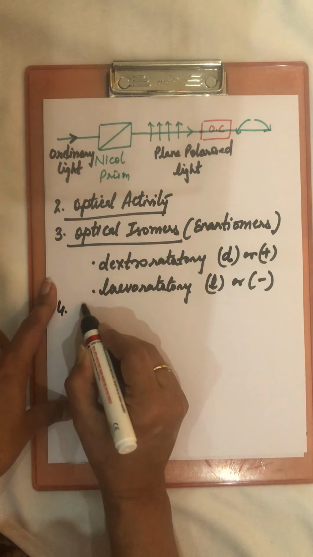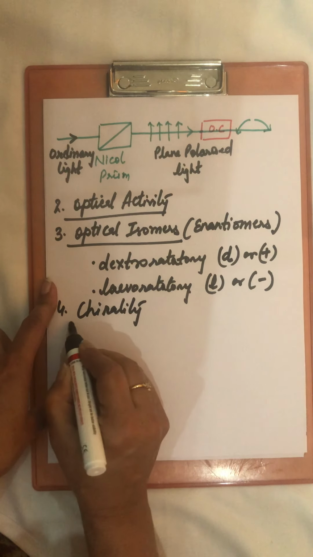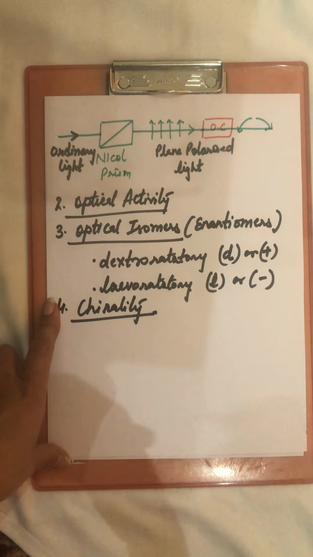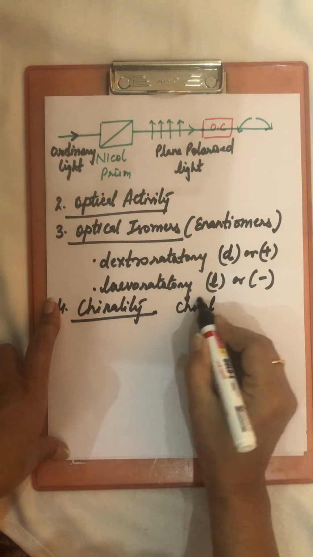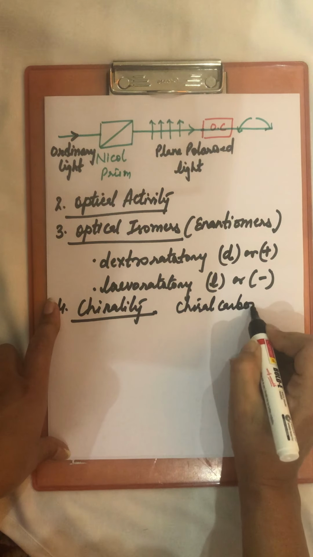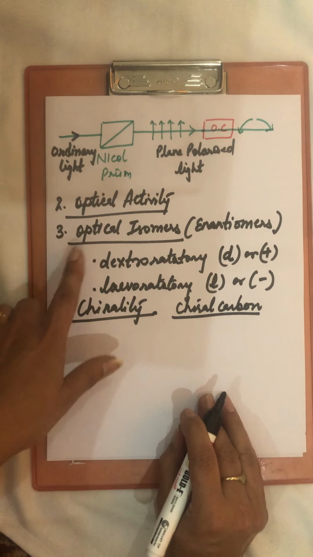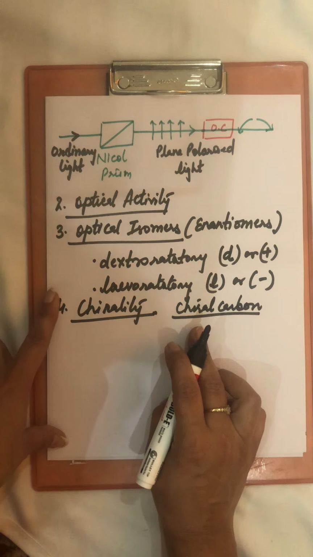Next term is chirality. For a compound to be optically active, it should have a chiral carbon. How will we come to know that a compound is optically active, that it is showing optical isomers? If it is having a chiral carbon.